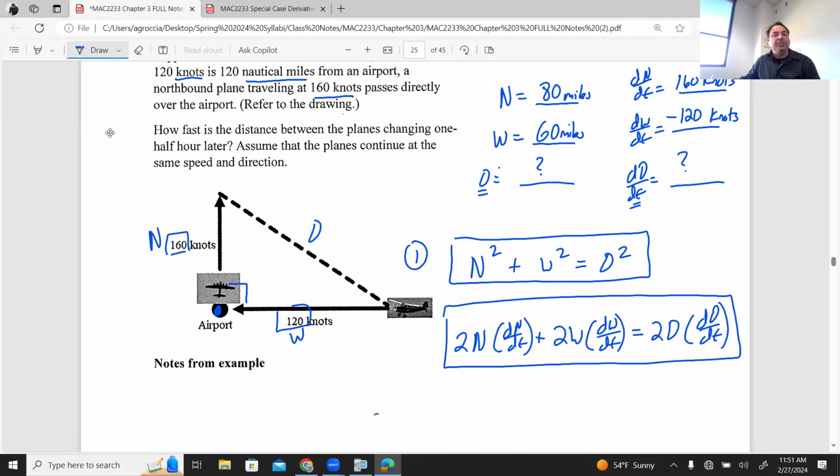Once I have n, w, and d, I can use the second equation, because I've got everything plugged in, to find dd over dt. Your goal right now, like a little game, is to find these two. Step 1, use the first equation to find d. Step 2, use the second equation to find dd over dt.